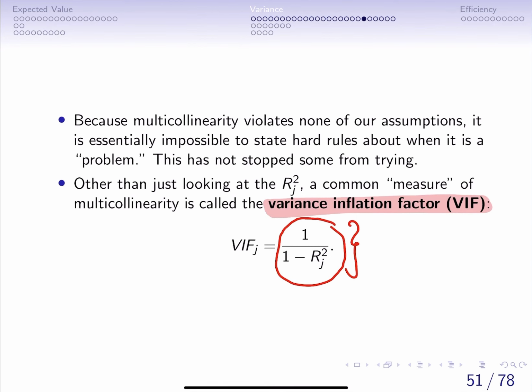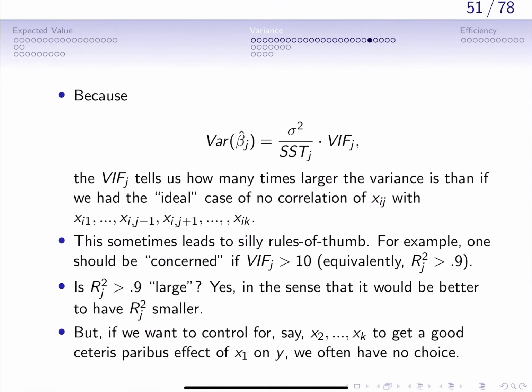And that's why it's called the variance inflation factor. It's basically increasing the variance. Okay, so as R squared j becomes closer to 1, the variance inflation factor increases, right, and can go to infinity.